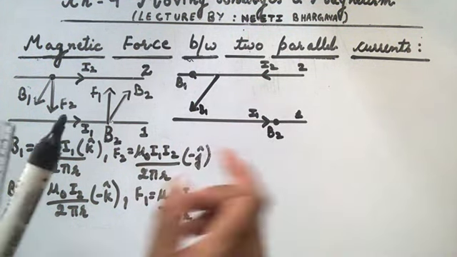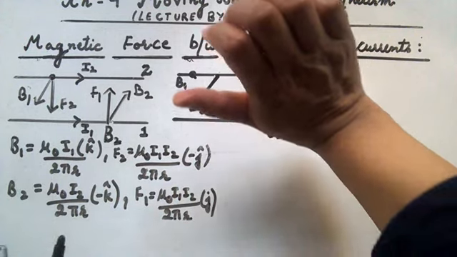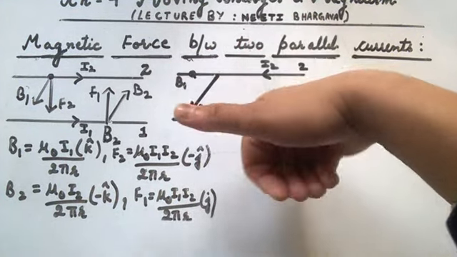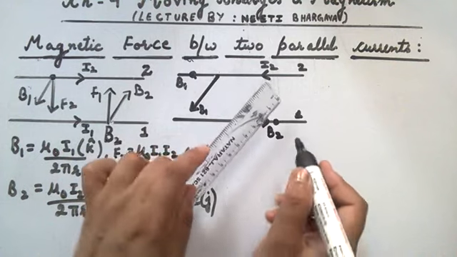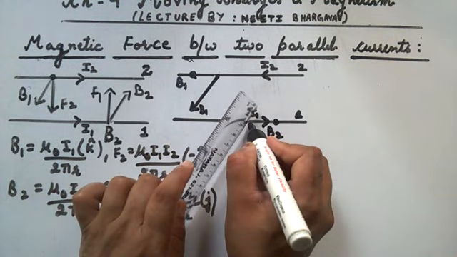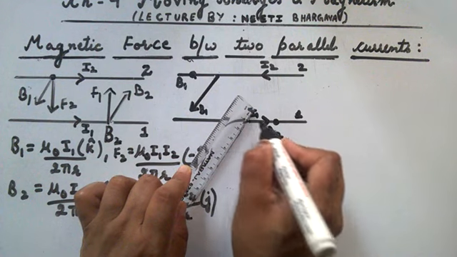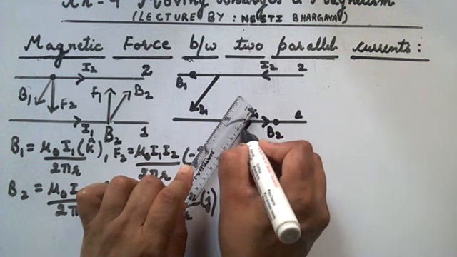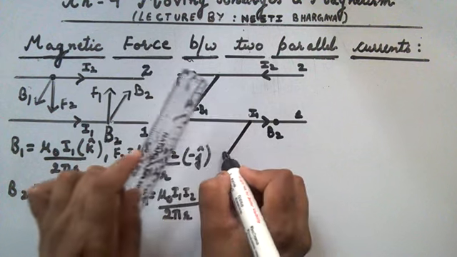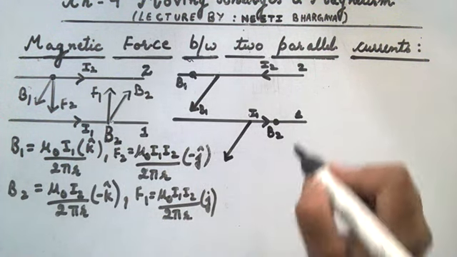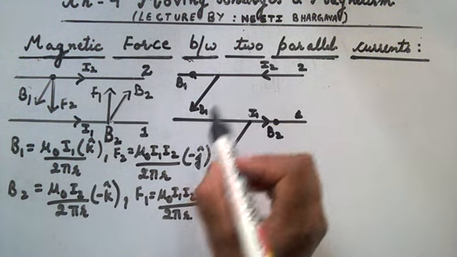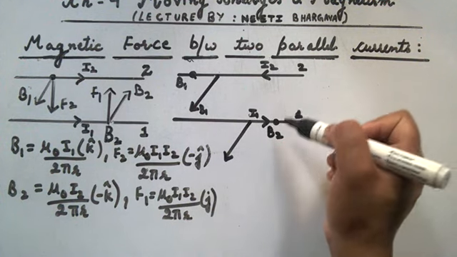Here, due to wire 2, magnetic field is also coming out of the plane of the paper, that is perpendicular outward as well as parallel to positive z-axis. Now we can also find the direction of force experienced by these two wires.